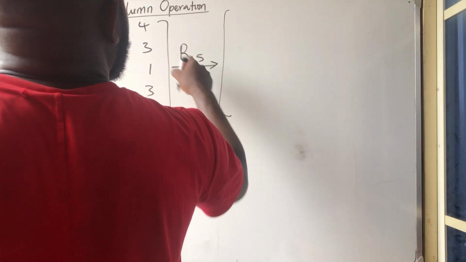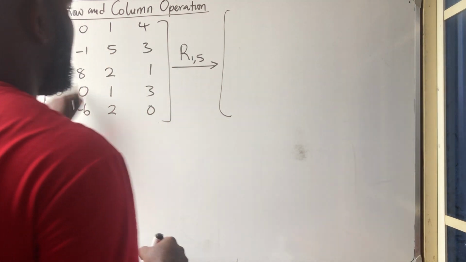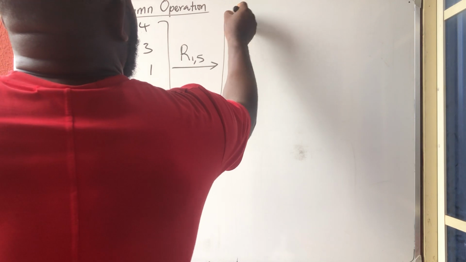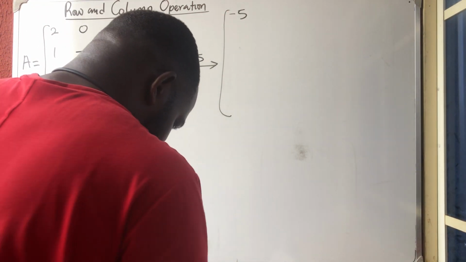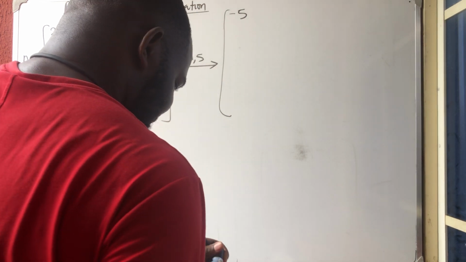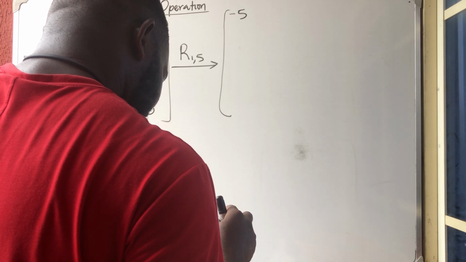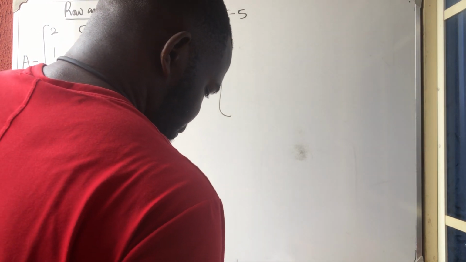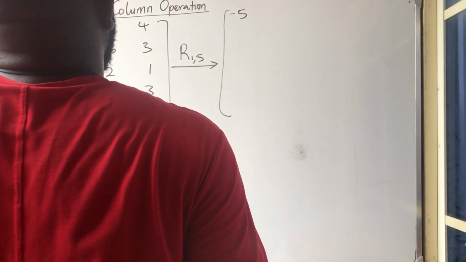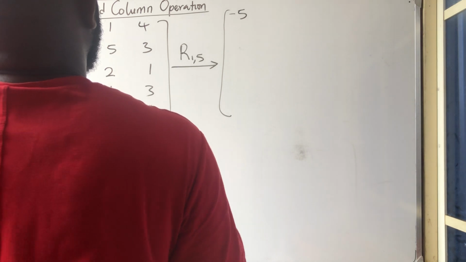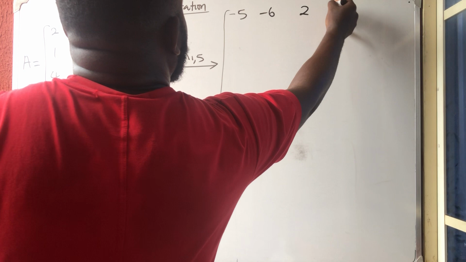So the answer to this is simply this, 1 2 3 4 5. So this one will go up, this one will come down. So it is now minus 5, minus 6, 2, and 0.